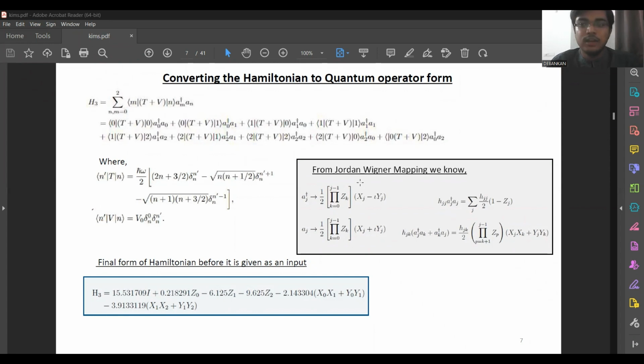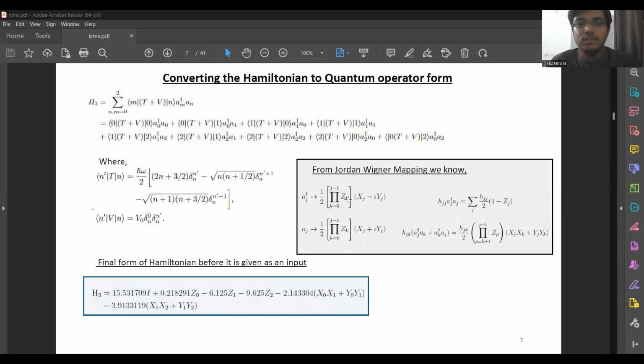What Jordan-Wigner did was, long before quantum computers were even conceptualized, they had shown that there exists an isomorphism between these creation and annihilation operators and Pauli matrices. So the Z, X, and Y are all Pauli Z, X, and Y matrices. There is an isomorphism existing between these two, and we can have relations which connect both of them.